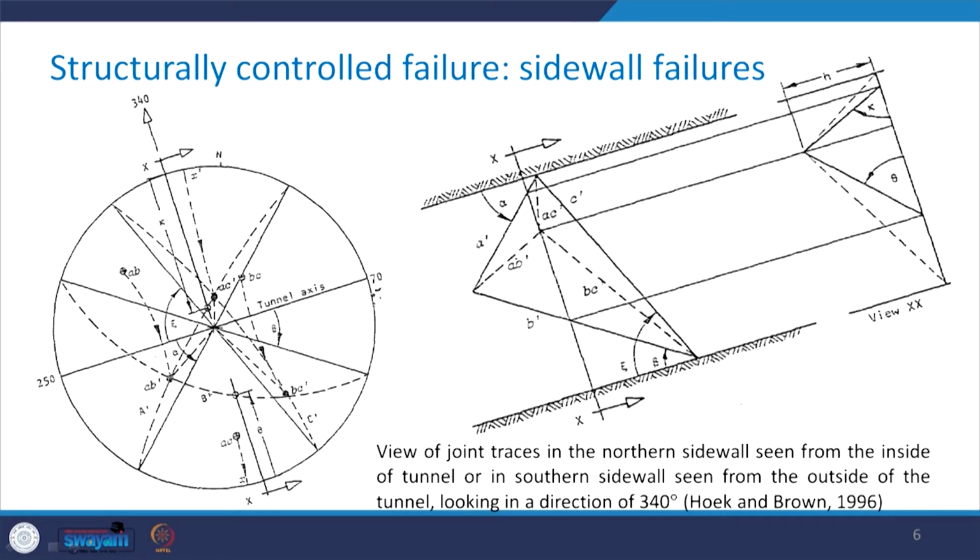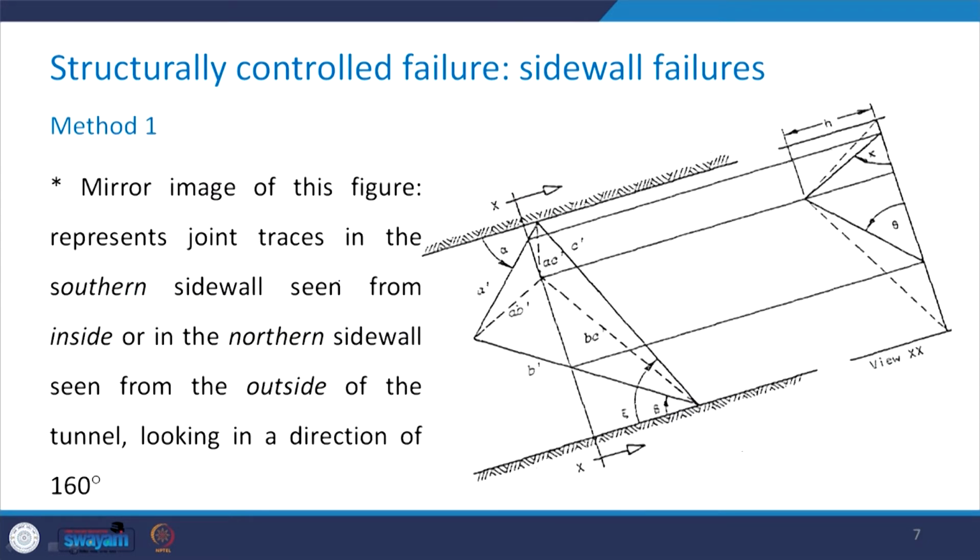See here, this is the angle alpha, this angle is angle beta and this angle is angle zeta. If we get alpha, beta and zeta from this view and compare with what we got from this view, they will work out to be the same.